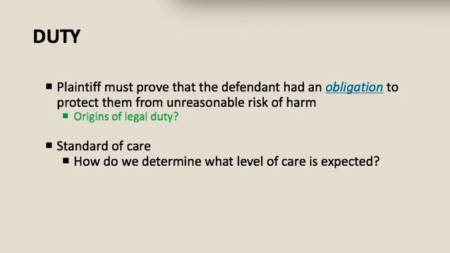So basically, the plaintiff just has to show that they have some kind of relationship with the defendant that at the time of the injuries occurring dictated that the defendant owed them some kind of obligation to protect them from harm. So you might be thinking, how do we know whether or not someone owes another party some kind of protection? Well, typically there are some specific origins of legal duty in a negligence claim.